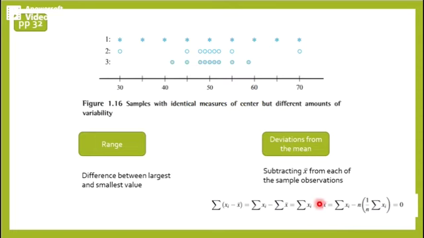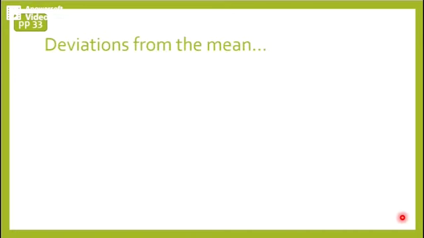And you can simplify this even further to be the sum of the observations divided by n. And then this whole thing simplifies to the sum of the observations. And the sum of the observations minus the sum of the observations is 0. So the sum of the deviations from the mean is just 0.